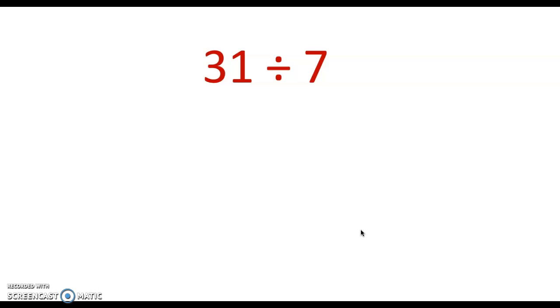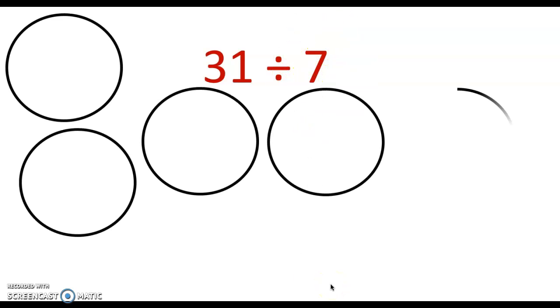We are going to do 31 divided by 7. So first think, we have 31 pies that we're going to share between 7 people. So first let's draw our 7 people.